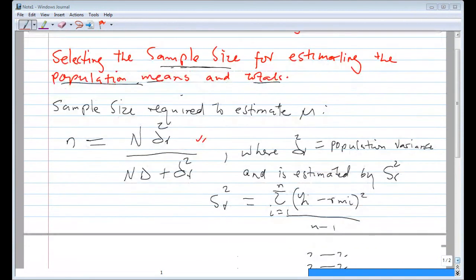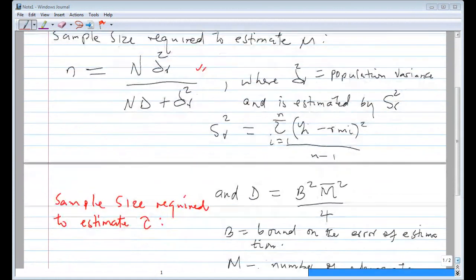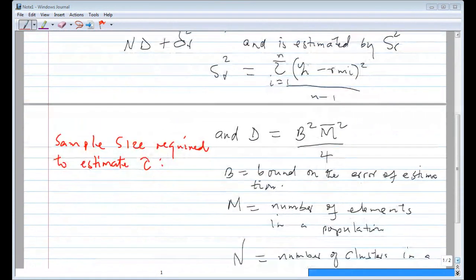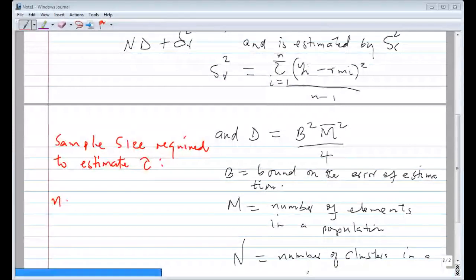The only difference would be on the D. In other words, n is equal to capital N times sigma r squared, then you divide everything by N times D plus sigma squared r. So this is the same formula.